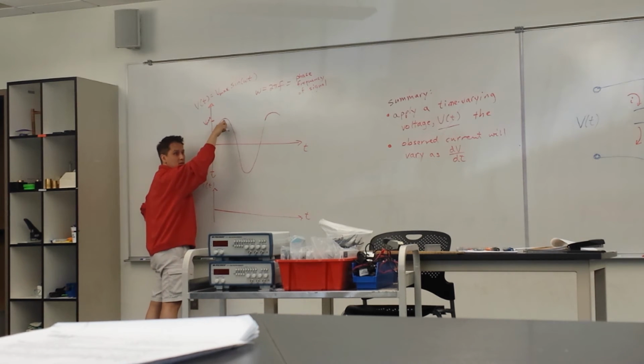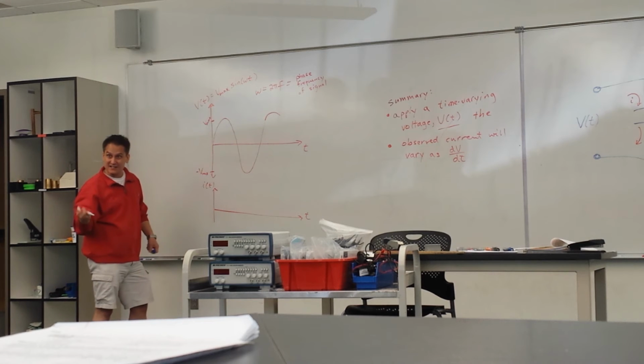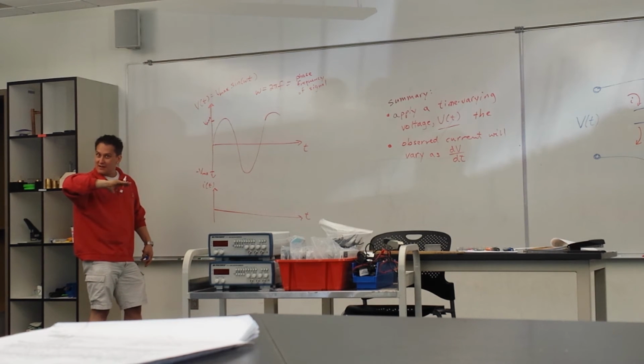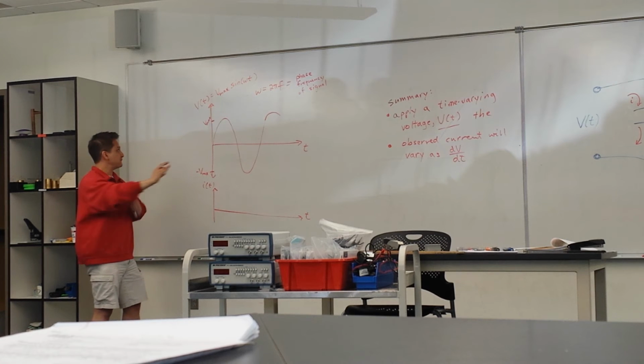And where the voltage signal flattens out, zero slope, we would expect the current to be zero. So even though we're at the highest voltage, the regions where the voltage is moving at the slowest rate will be the regions where no current flows. So again, it's a beautiful differentiating physical quantity.